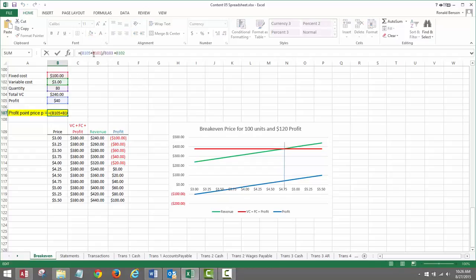We do this: B105 is the profit, plus B101 is the fixed cost. That's summed together and divided by the quantity, which is in B103. And then we add to it B102, the variable cost. And that is another example of break-even analysis. That includes these examples. Thank you.